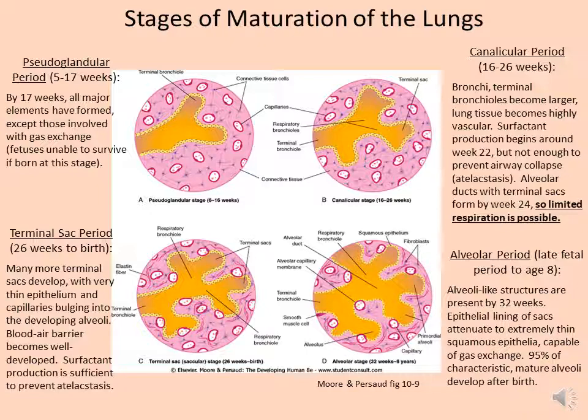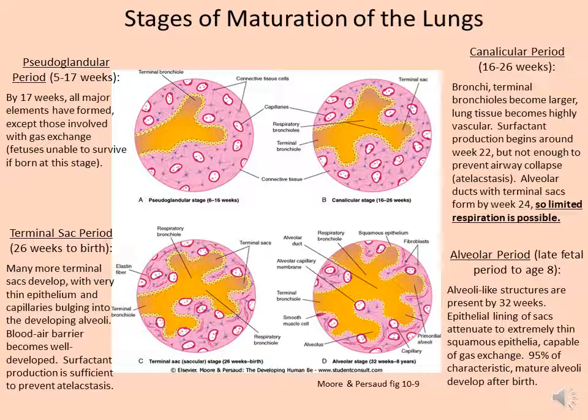In this, more terminal sacs develop, the epithelium becomes attenuated and thin, and vascularization becomes rich. The blood-air barrier becomes well developed, and surfactant production increases many folds and is sufficient to prevent the collapse of the lung, or atelectasis.